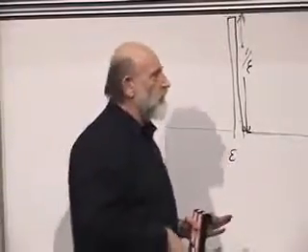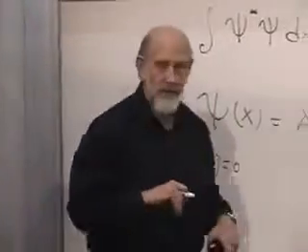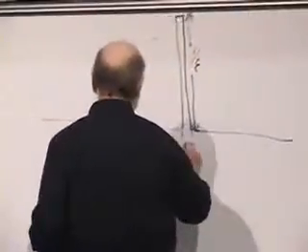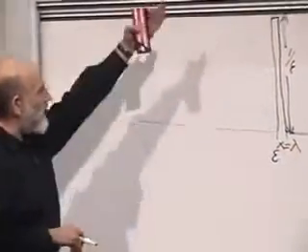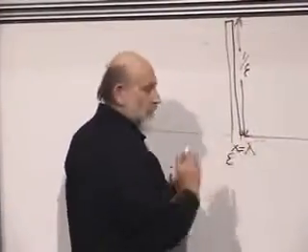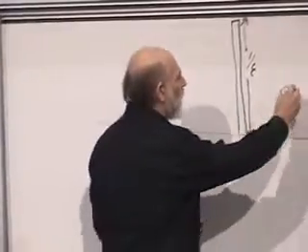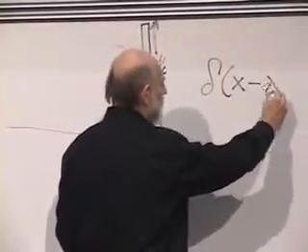That's a function which is 0 everywhere except in this tiny interval near x equals lambda. It's a high, narrow function which is 0 everywhere else. That function is what Dirac called the delta function, delta of x minus lambda.